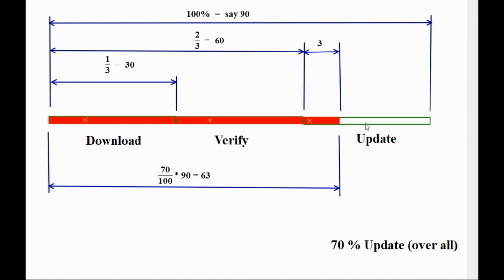Now we need to know that length there. We've already worked that out. This is a third of the whole thing. So that is 30. That is 30. That is 30. So what we end up with is 3 over 30. Let me minimize that. So we end up with 3 all over 30.